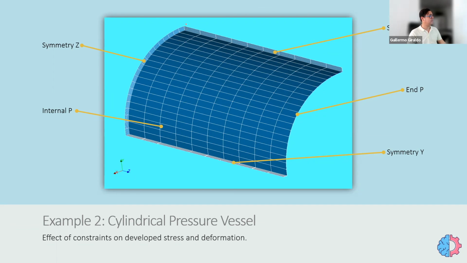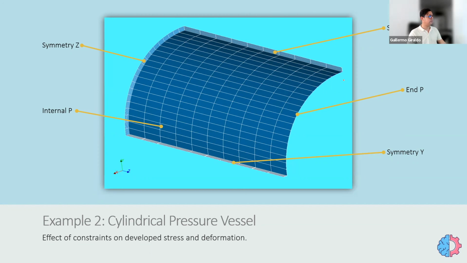So in this phase that we cut normal to x, we will apply only deformations like a symmetry, only in the normal direction of the cut plane. Same for the symmetry with respect to y, and the symmetry with respect to z, which is this phase. So each phase has only one constraint. The internal phase is subject to the pressure, but then the end phase I will subject it also to the pressure to create the actual stress.